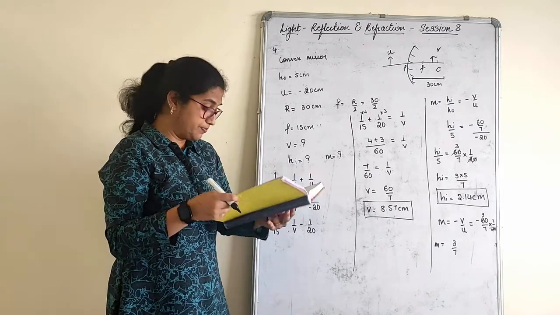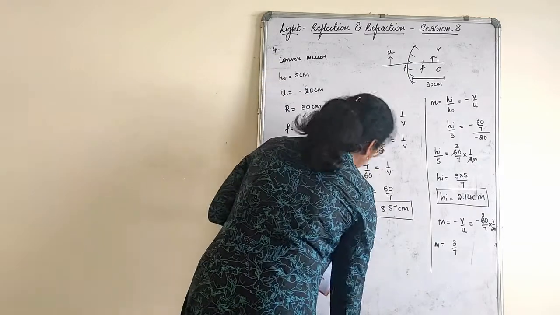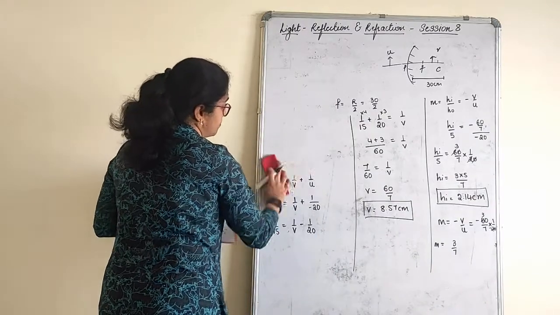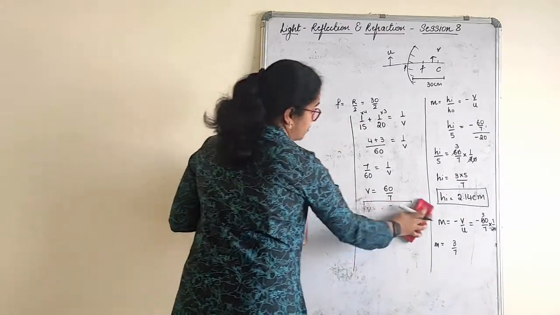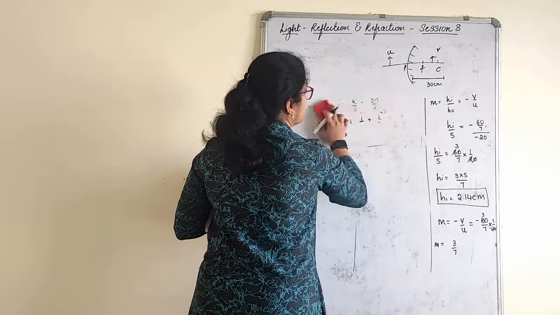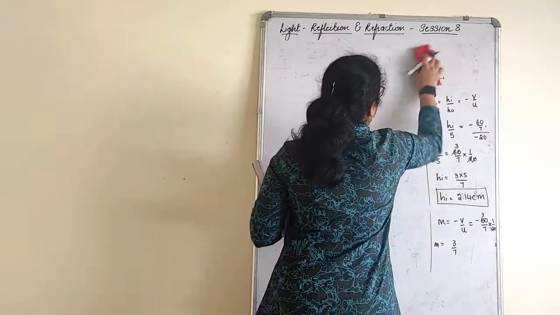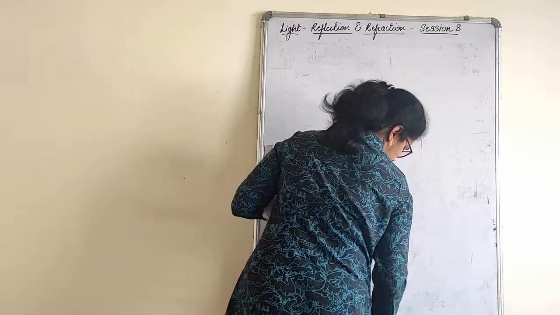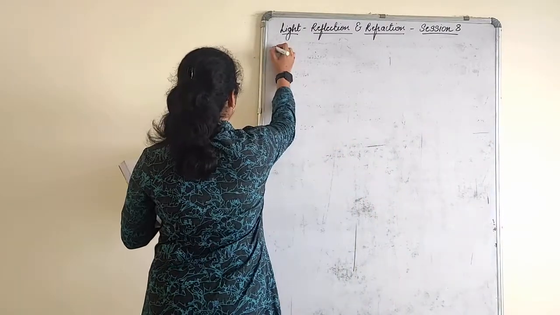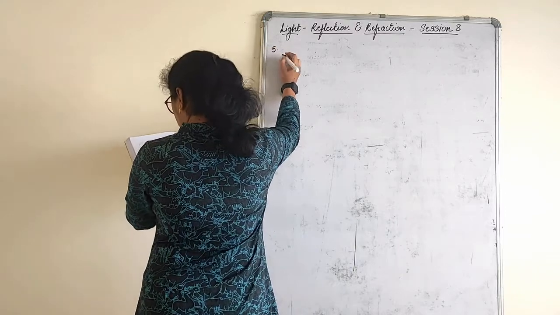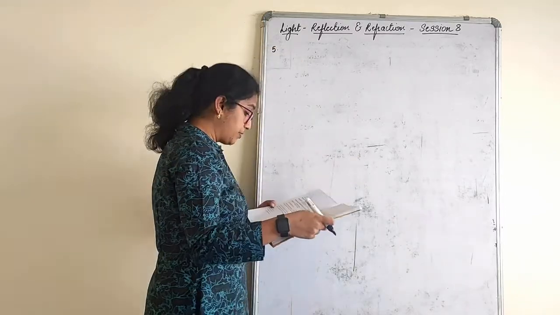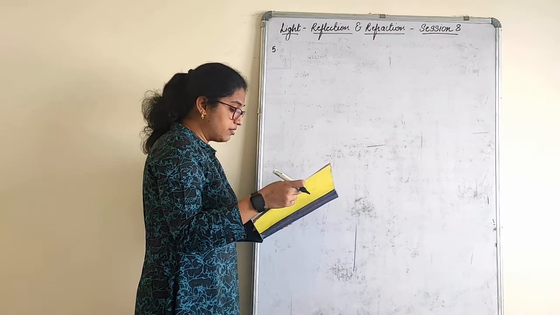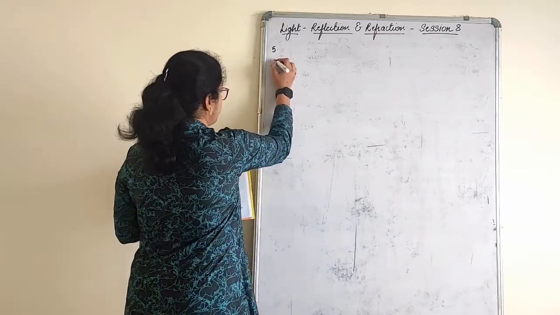And the next one. 15th one in your book and 5th one here. An object of size 7 cm is placed at 27 cm in front of a concave mirror.